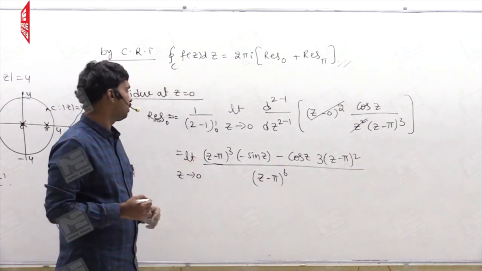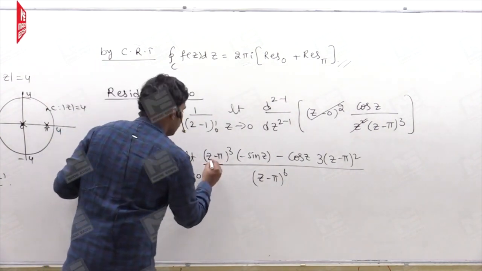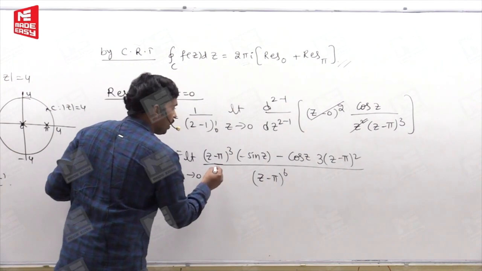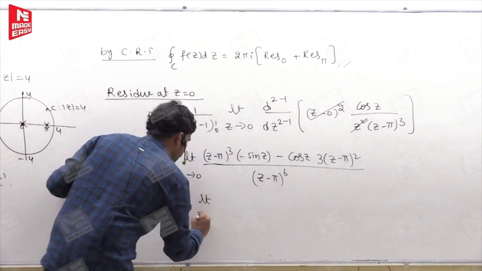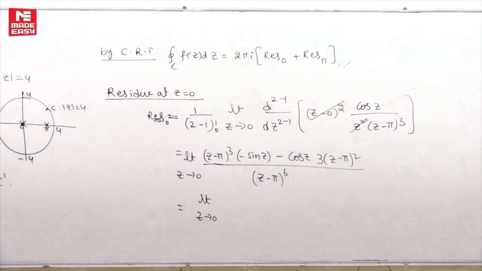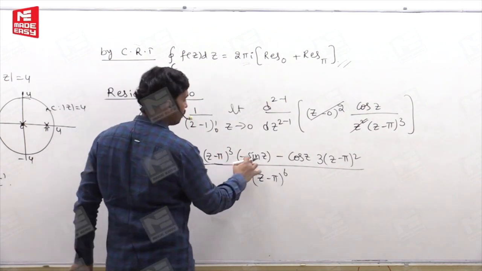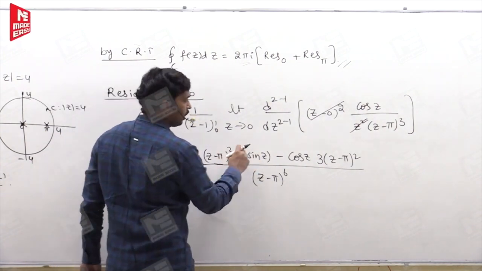And now you take the limit z tends to 0. Here the first term has pi cube, but sin 0 is 0, so this term will be 0.